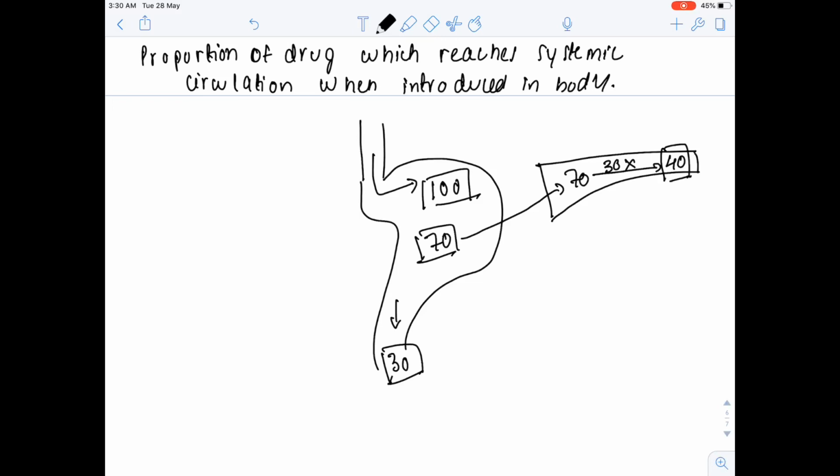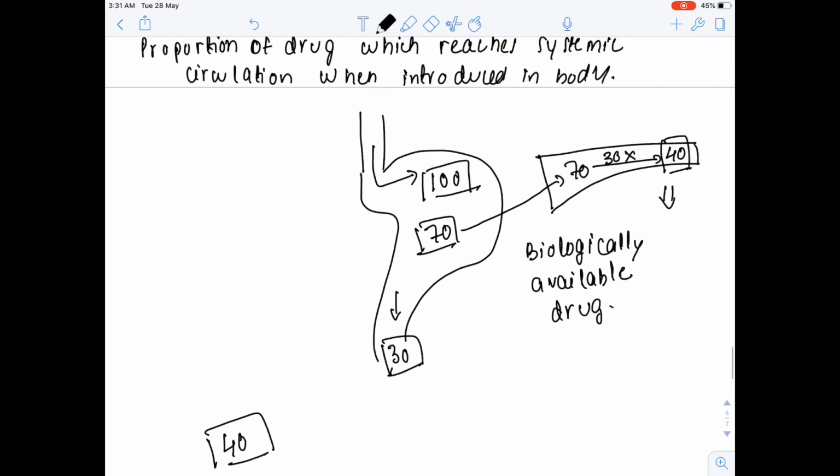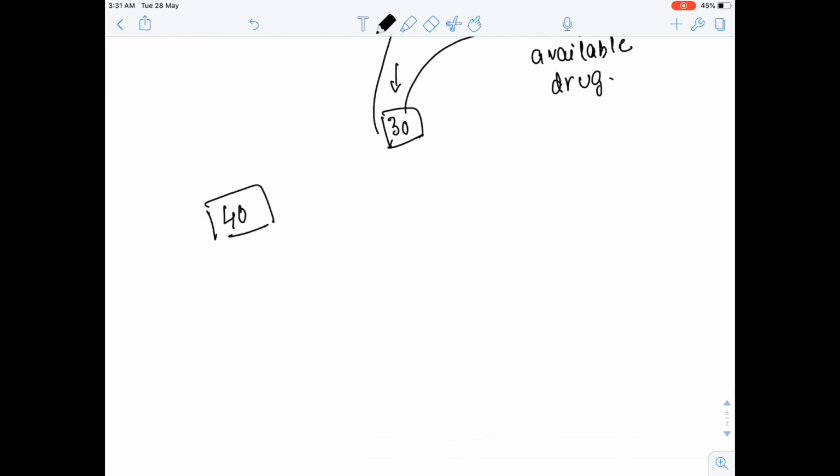So that 40 is the biologically available drug. That is the bioavailability. So what is the bioavailability? It is 40. And the drug which gets destroyed in the liver is known as first pass metabolism.